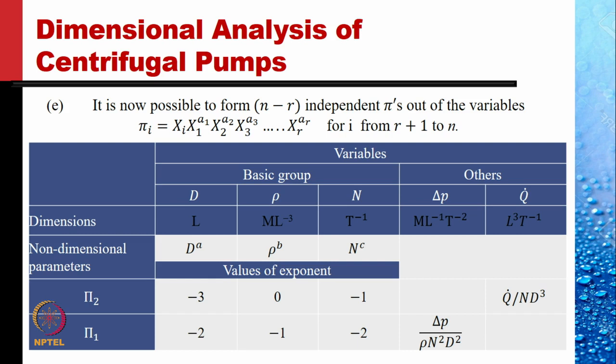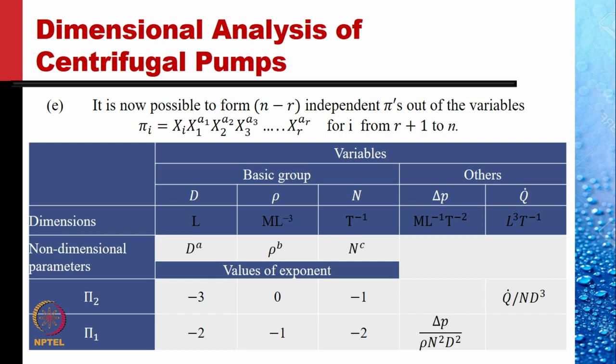This involves a bit of algebra, but it is quite simple. For the dependent parameter delta P, the dimensions M, L minus 1, T minus 2 are matched with L raised to power a, ML minus 3 raised to power b, T minus 1 raised to power c. And by matching the dimensions, we get the value of a as minus 2, value of b as minus 1 and value of c as minus 2.